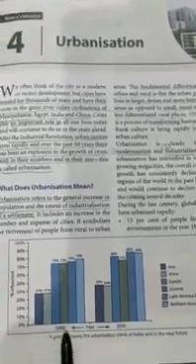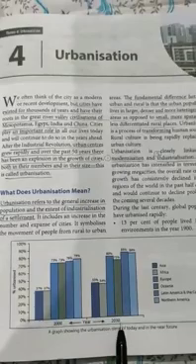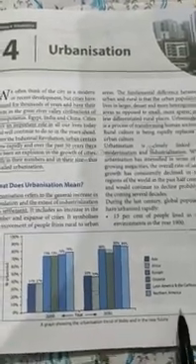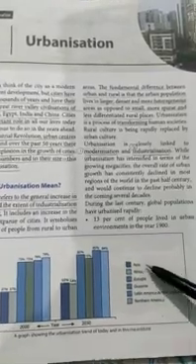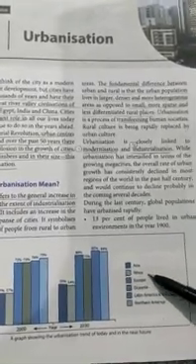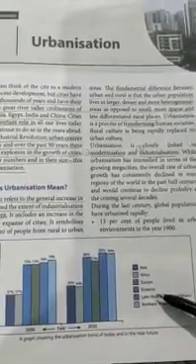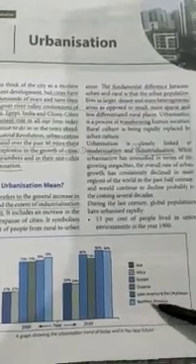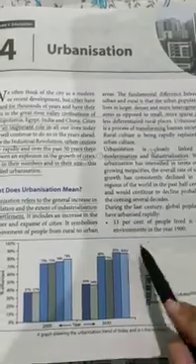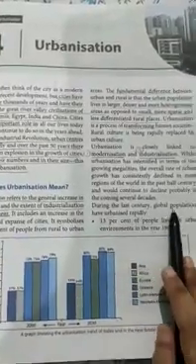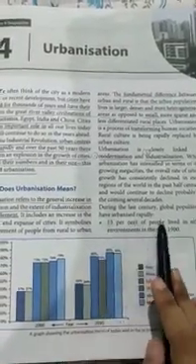They have given this graph, a graph showing the urbanization trend of today and in the near future. And we have regions like Asia, Africa, Europe, Oceania, Latin America and the Caribbean, and Northern America.